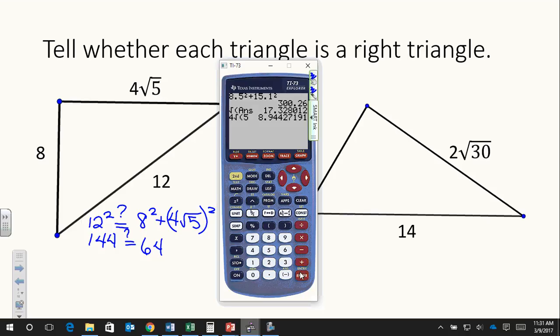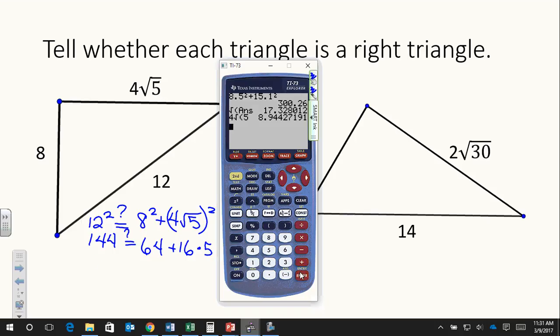How do we square 4 square roots of 5? 4 times itself, right? And then what's the square root of 5 squared? Squaring a square root makes the radical disappear, right? So we will have 16 times 5. Does everyone see why? Okay.